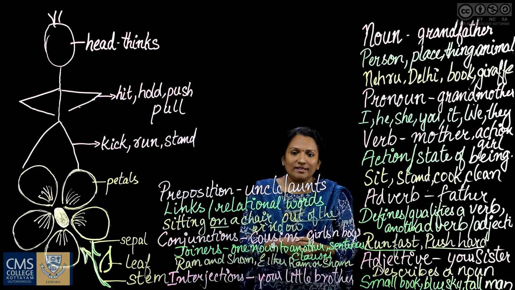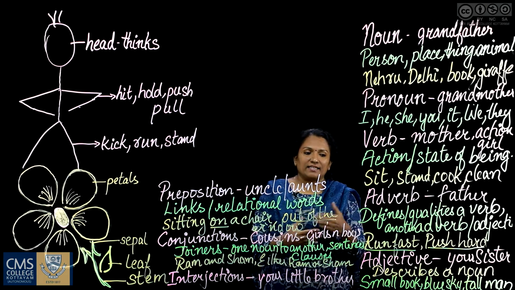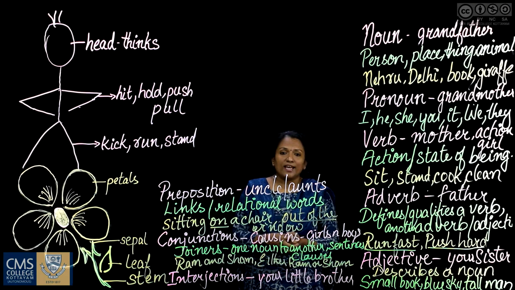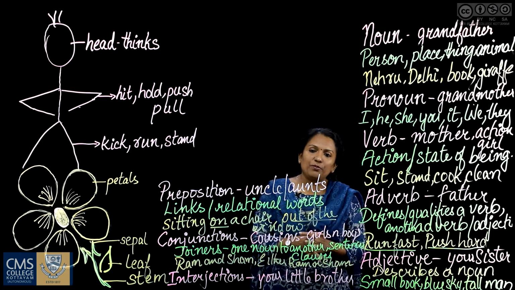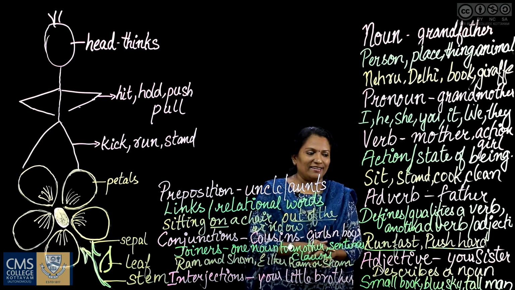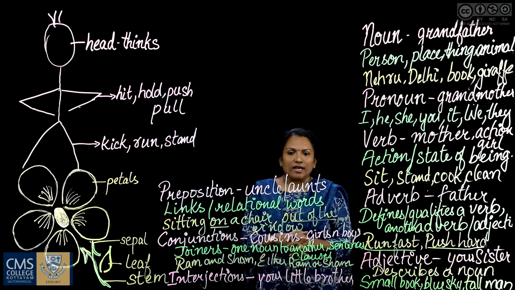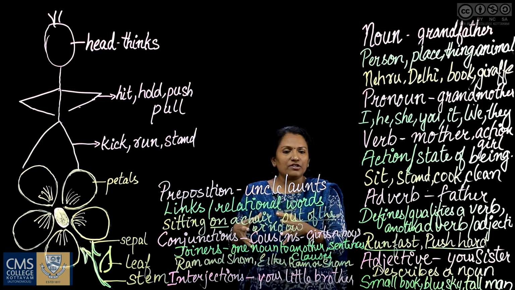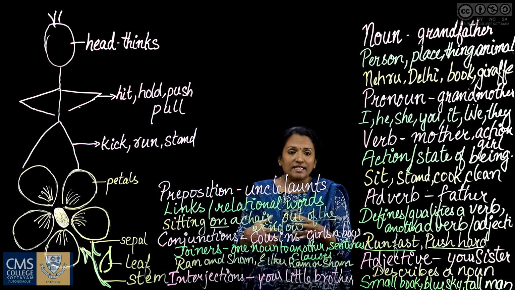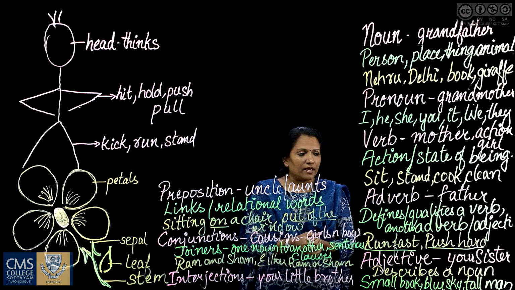We come to the adverb, which is the next part of speech, and I equate the adverb with the father of the family. What does the father do? The father of the family is a definition for the mother. He defines the mother.